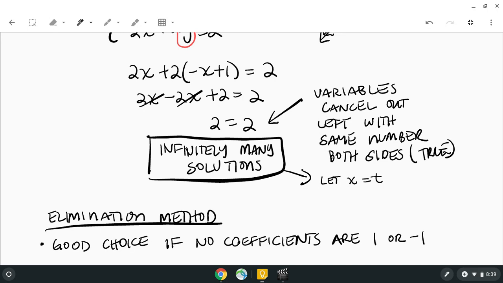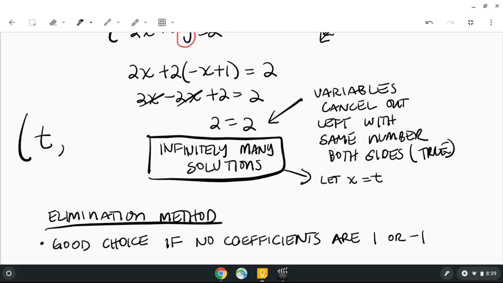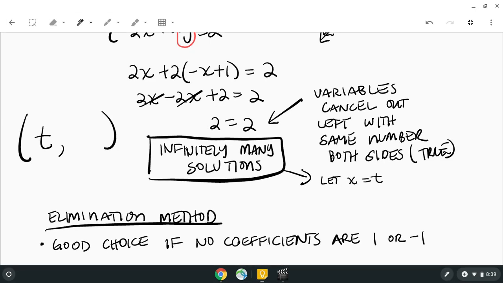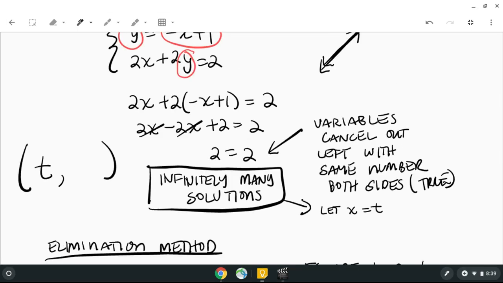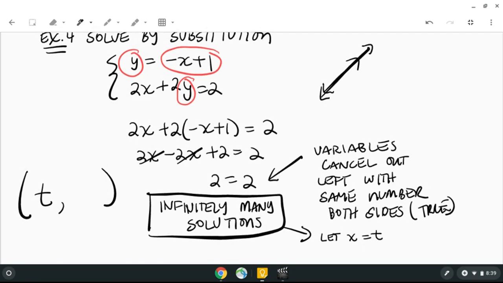You pretend that t is an actual number that you solve for, for x. Now we need to find the y value. Normally, if that's an actual number, we would plug it into one of these equations and solve for y.